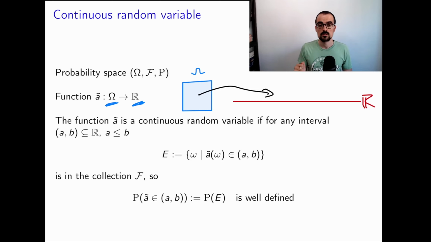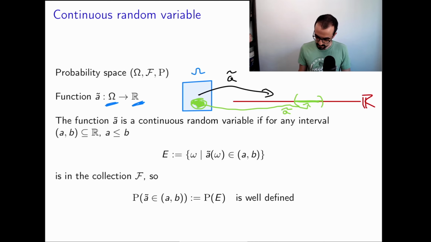Now, for a random variable to be a valid continuous random variable, what we're going to require is this. When we consider any interval whatsoever of the real line, we look at the set of points in the sample space that map to that interval through our continuous random variable. Those are the points that map to the interval.